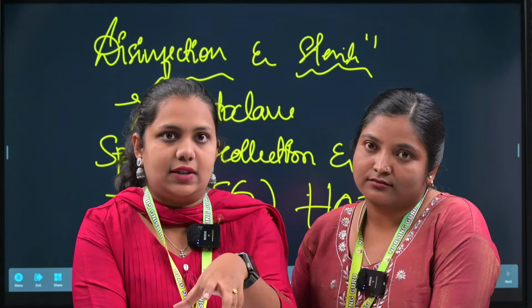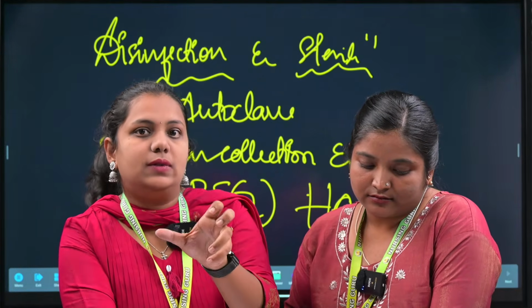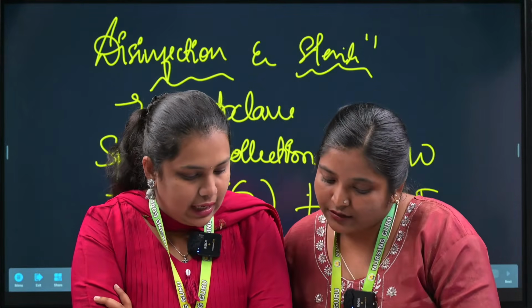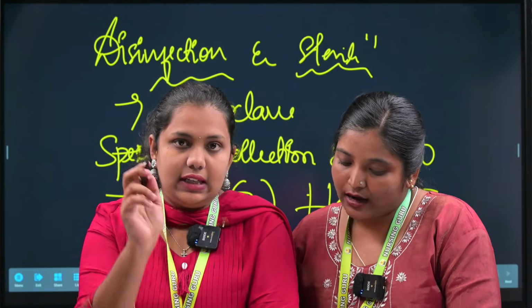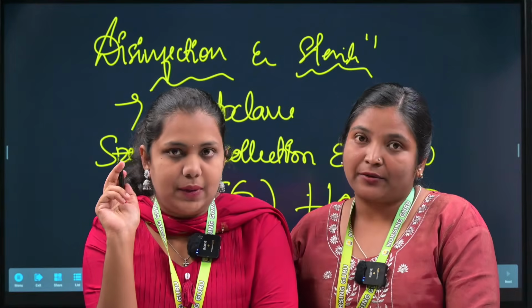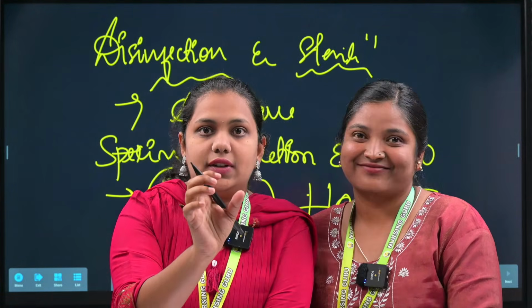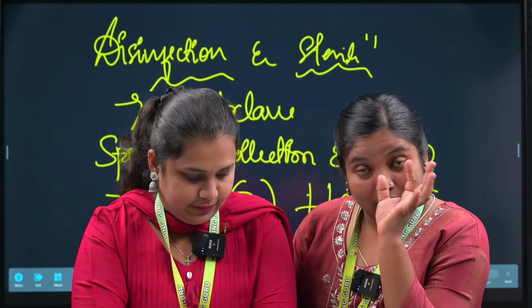Next, discuss hospital acquired infections, they can also ask nosocomial infection, and their prevention. That is very important. When you get an infection question, you must write the preventive measures.